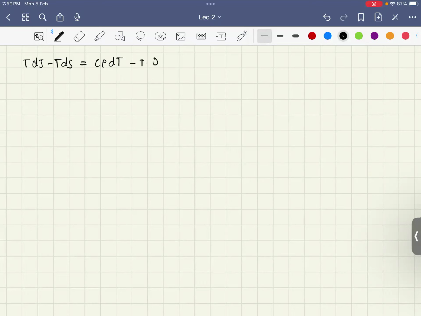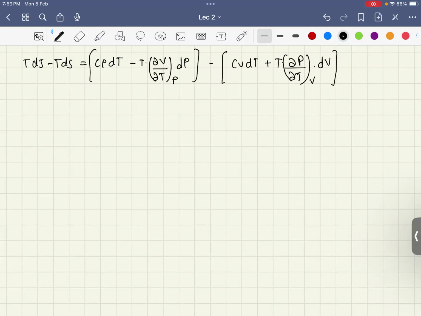minus CvdT plus T into (∂P/∂T) at constant V, dV. So 0 minus 0 is equal to Cp minus Cv.